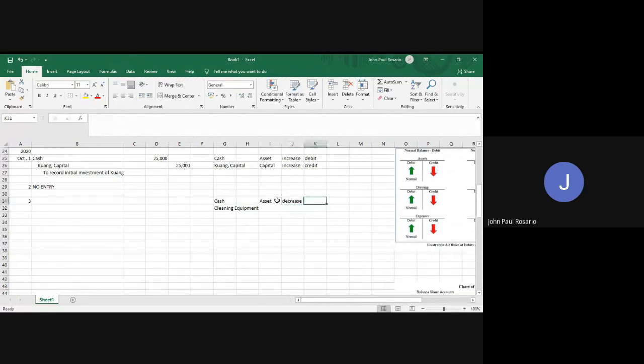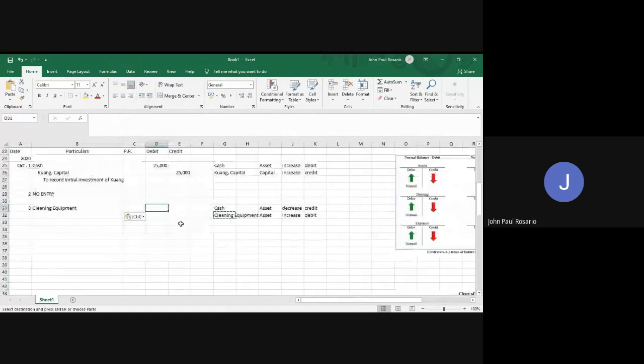Cleaning equipment is an asset, and it increased. Increase in asset is debit. As you can see, it is not necessary to pair an asset with capital or liability; an asset can pair with another asset as long as there is a debit and a credit. Again, the debit goes first, so cleaning equipment, for 4,800.